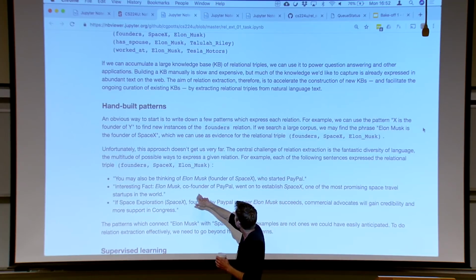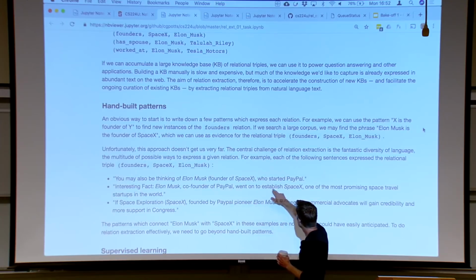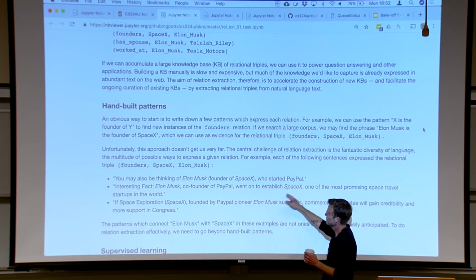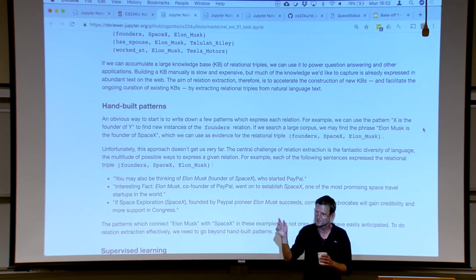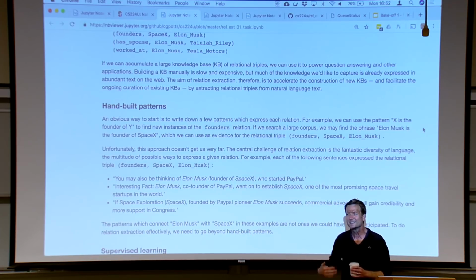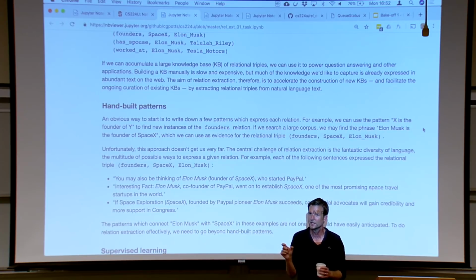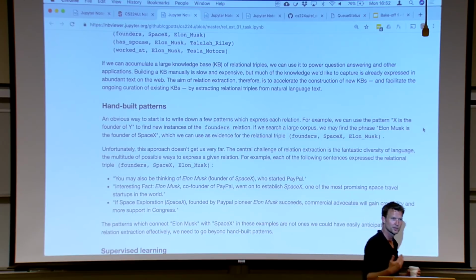And then I can add another pattern, which is X, co-founder of PayPal, went on to establish Y. Or maybe I should replace the PayPal with a star so that I get some more generalization. But these things aren't really going to help at all. These patterns are still really specific. They're not going to match that many, if any, other examples in your corpus. They're not going to generalize well to new examples.